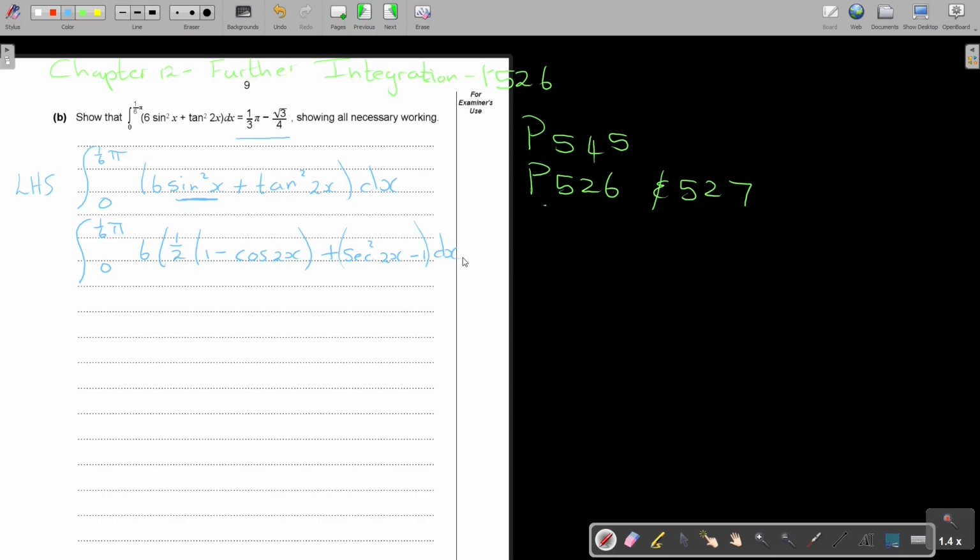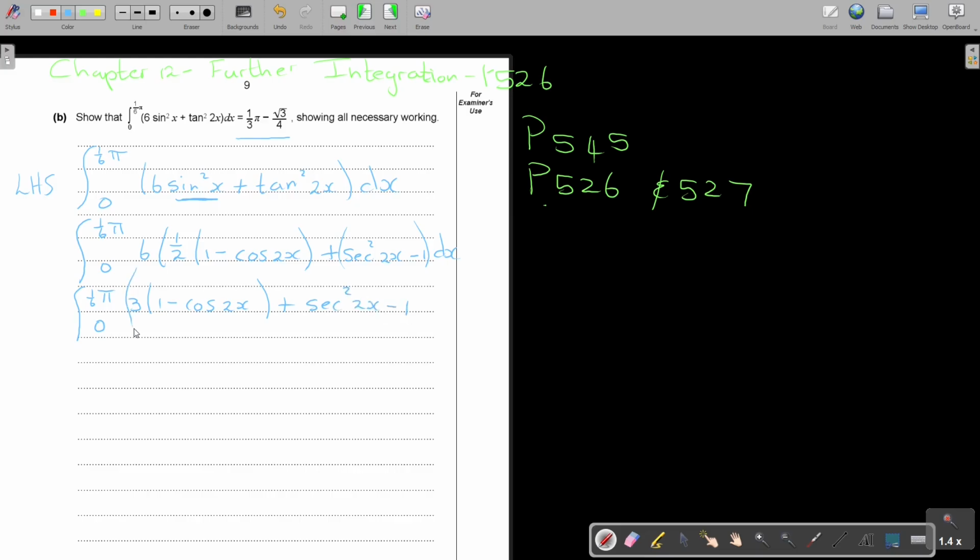Okay, so I can now go and I can still keep this. I'm just going to simplify a little bit. It's always good to get it a little bit more simplified. So this 6 times a half will just be 3, 1 minus cos 2x, okay? And then it was plus sec squared 2x minus 1.